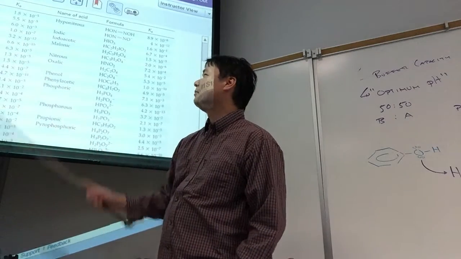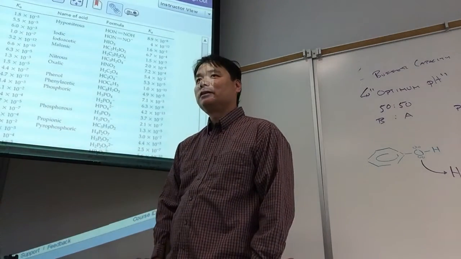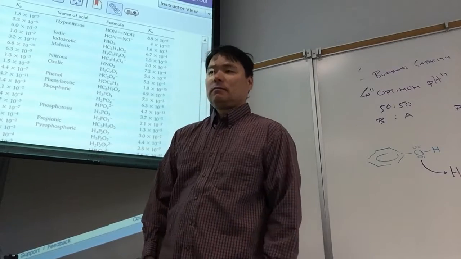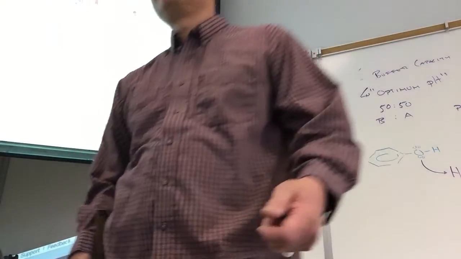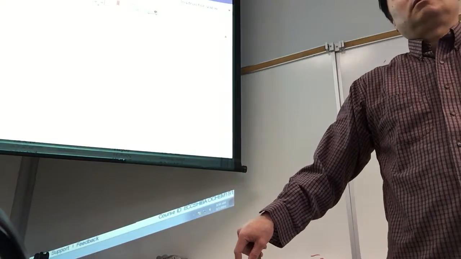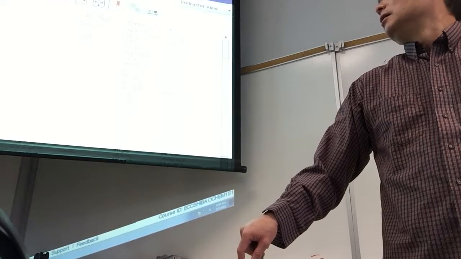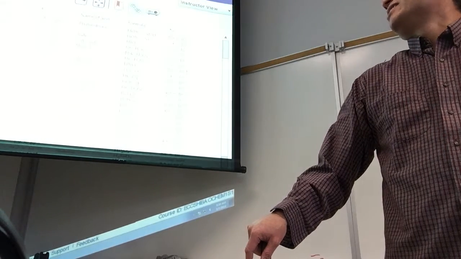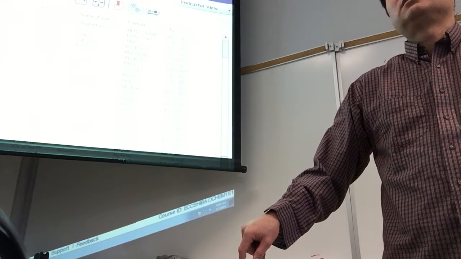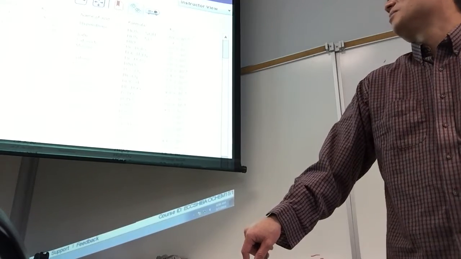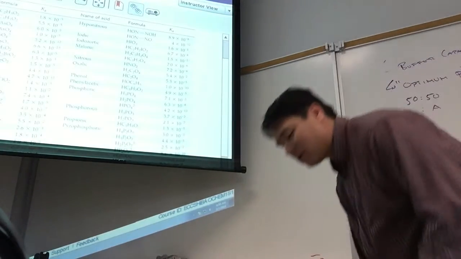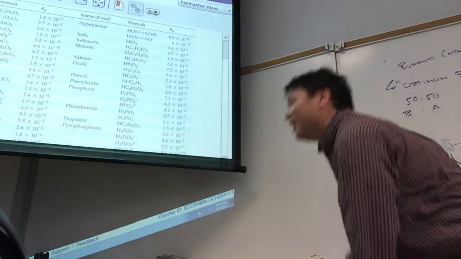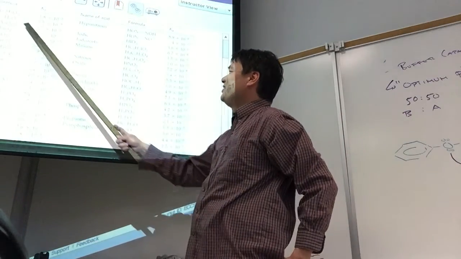Except there's one problem. What's the problem with this buffer? I'd like to use it, but there's a significant problem, and that problem is arsenate is fairly toxic, so I don't want to use it. Yeah, that's a problem. Arsenic. And so we're not going to use that.